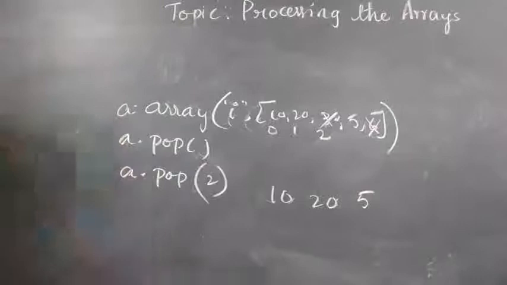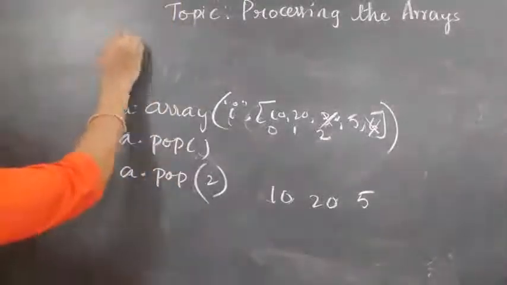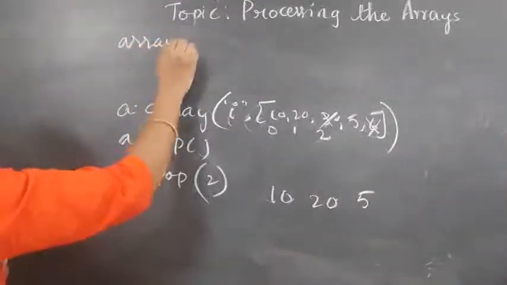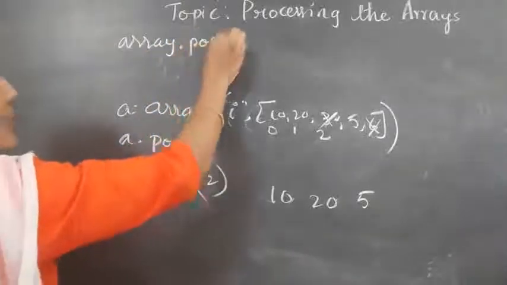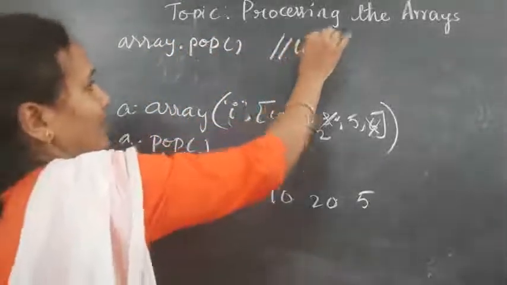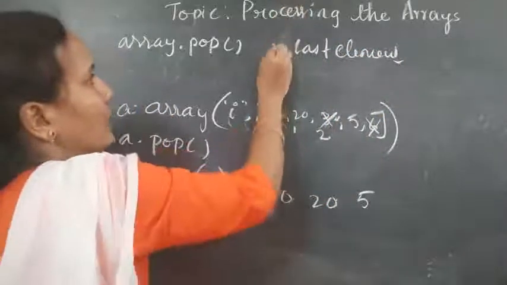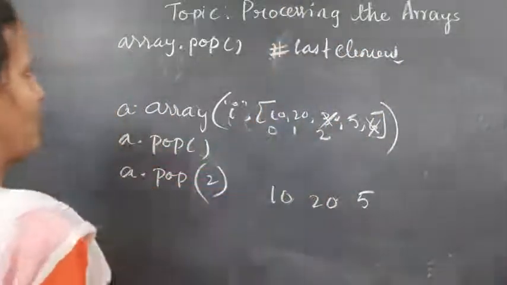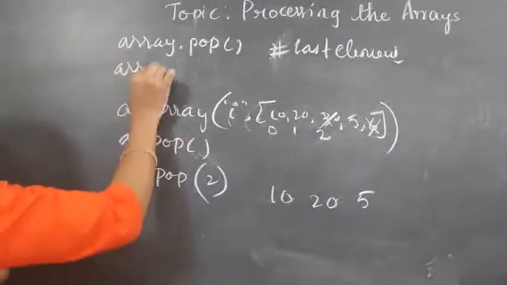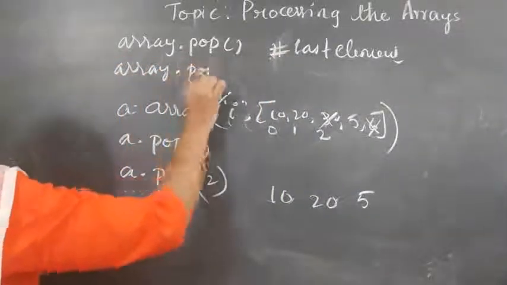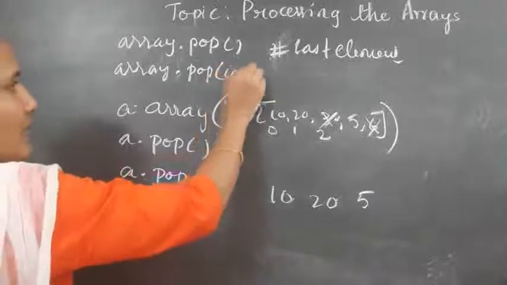So you write the syntax. Syntax for pop: array dot pop, which removes the last element. Okay, in Python, this symbol is for a comment. Now, array dot pop, next one is the index number.